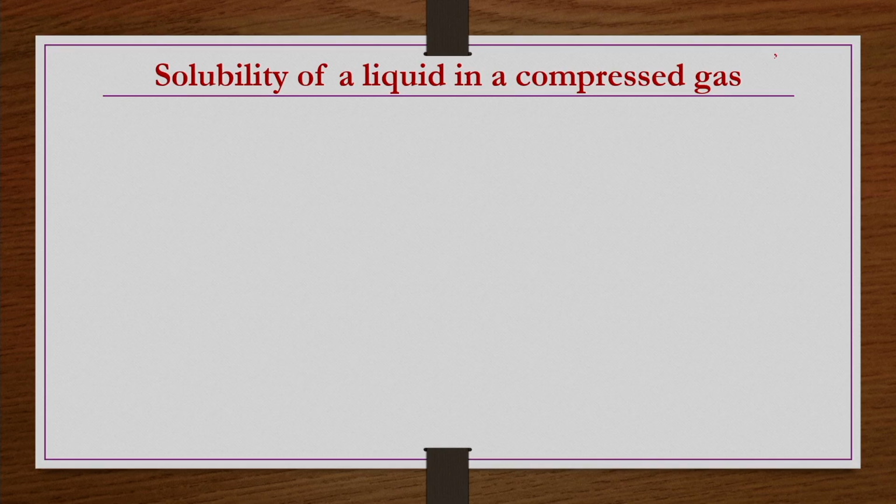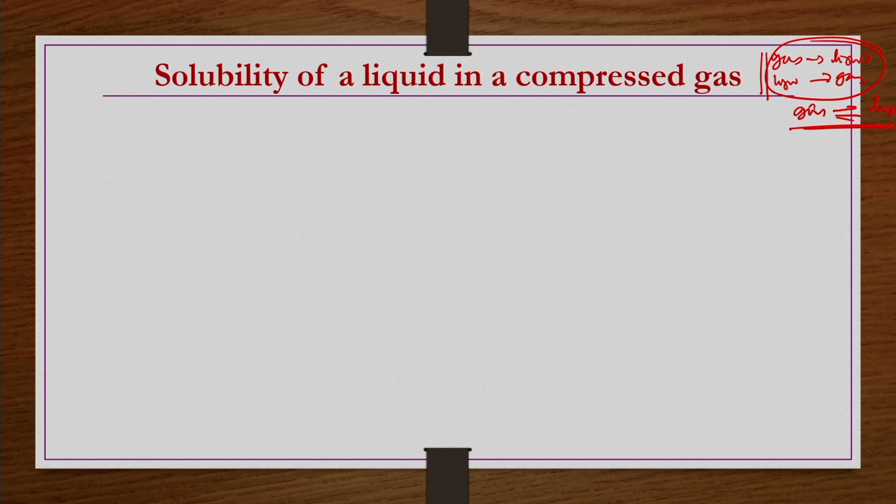Here the component may be transferring both ways. In this case, where we are discussing the solubility of a liquid in a compressed gas, transfer from gas to liquid is possible, and liquid to gas is also possible.